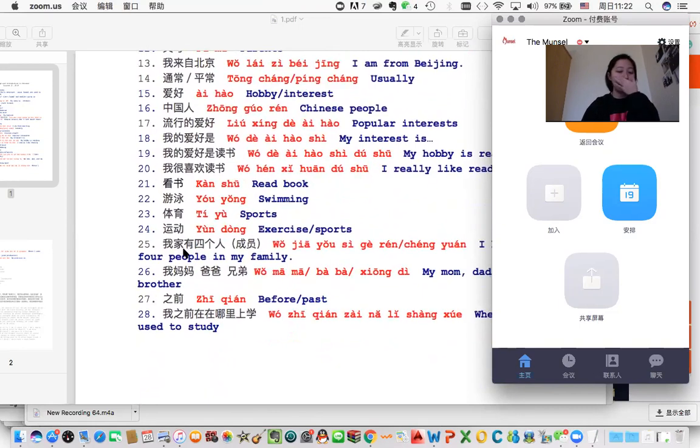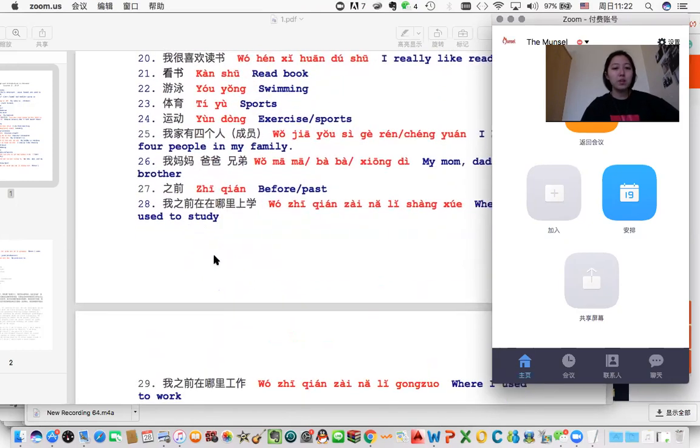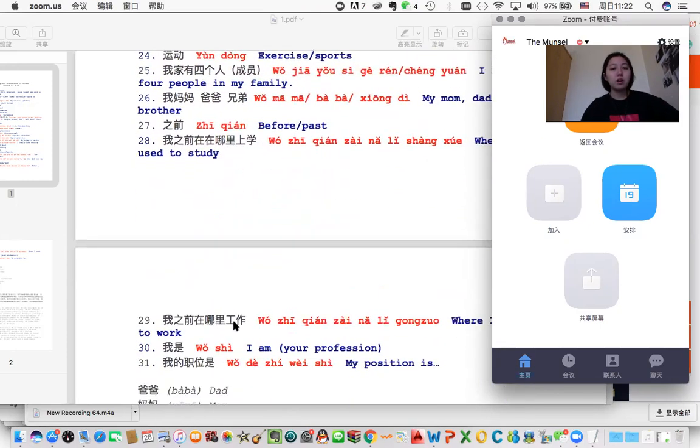You can also introduce your family. There are 4 people in my family, 我家有4个人. Or 我家有3个人, I have 3 people in my family. You can also introduce where you are working, 我在哪里工作, 我在 somewhere 工作, your school name or company name.